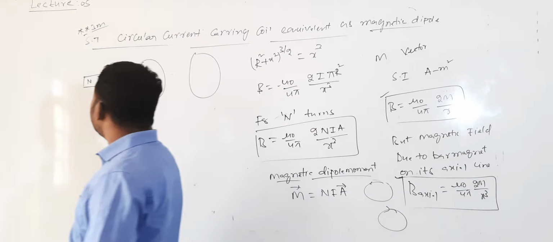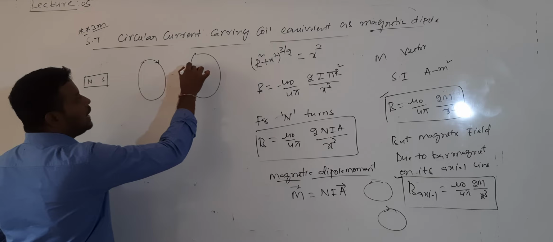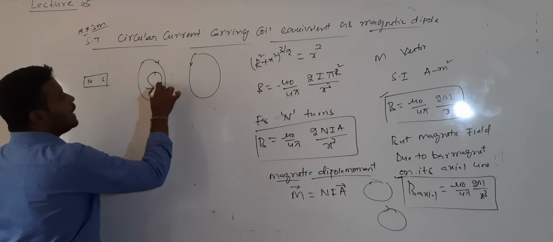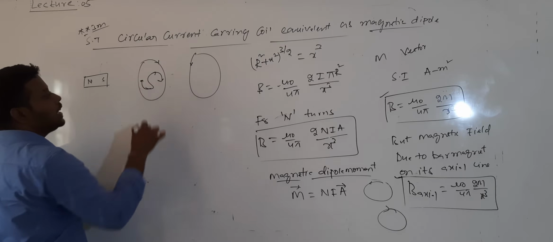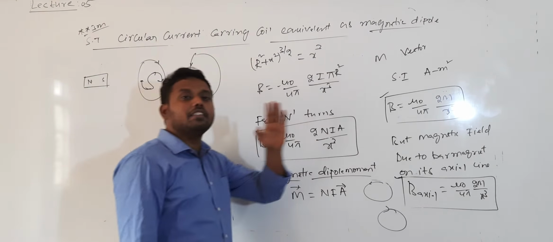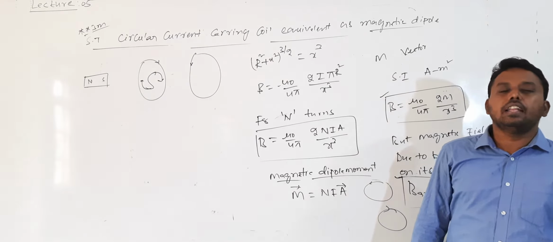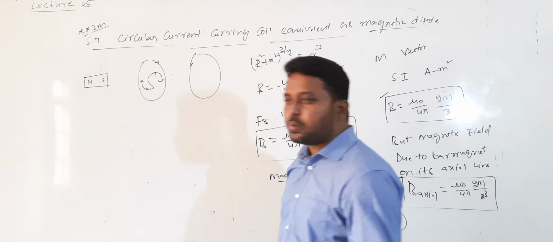Which one acts like a north pole and which one acts like a south pole? Whenever the current is in clockwise direction, the face which you can see will act like a south pole, and the opposite face will act like a north pole.